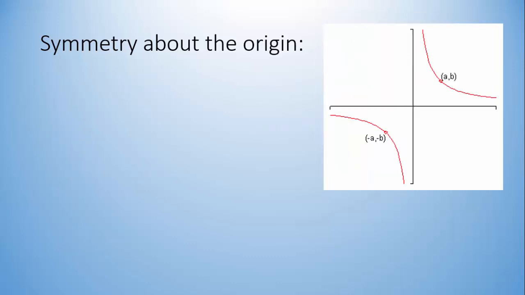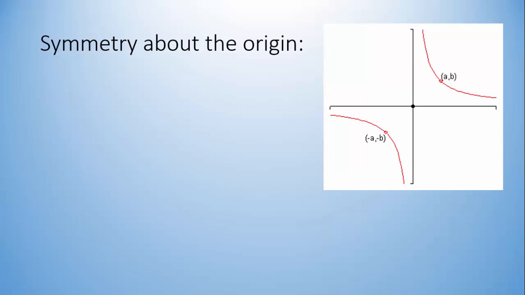Now let's look at symmetry about the origin. This is a little more complicated to think about. You can tell that there's some symmetry going on here because we could fold this a few ways and these two graphs would line up on each other. This is a rotational symmetry, so if we rotate this around the origin and the graph lines up on itself before we go 360 degrees around, then this has symmetry about the origin.